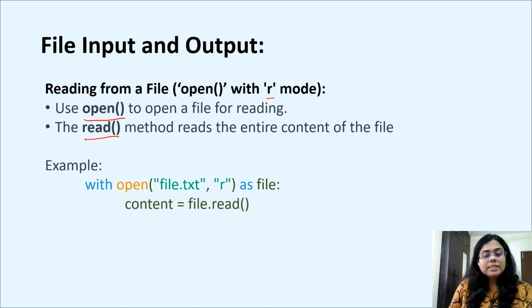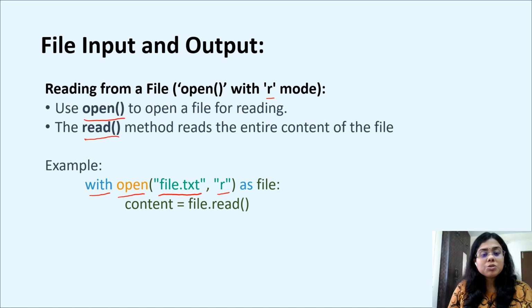Here we see the syntax of how we can read from the file. We use with open. We are trying to open the file and we mention what is the file name. It is file.txt. And in what mode are we trying to read the file? It is in read mode, which means that we will not be able to write anything.